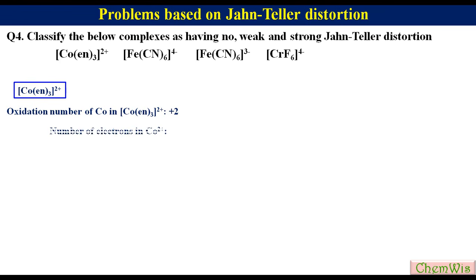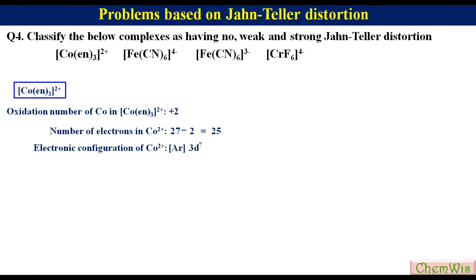So the number of electrons in Co2+ will be 27 minus 2, equal to 25, since cobalt metal has 27 electrons and Co2+ is formed by the removal of 2 electrons. To find the electronic configuration of Co2+, write Ar 3d. Ar has 18 electrons, so the remaining electrons that will enter the d orbitals will be 25 minus 18, equal to 7. So this complex is a d7 complex.